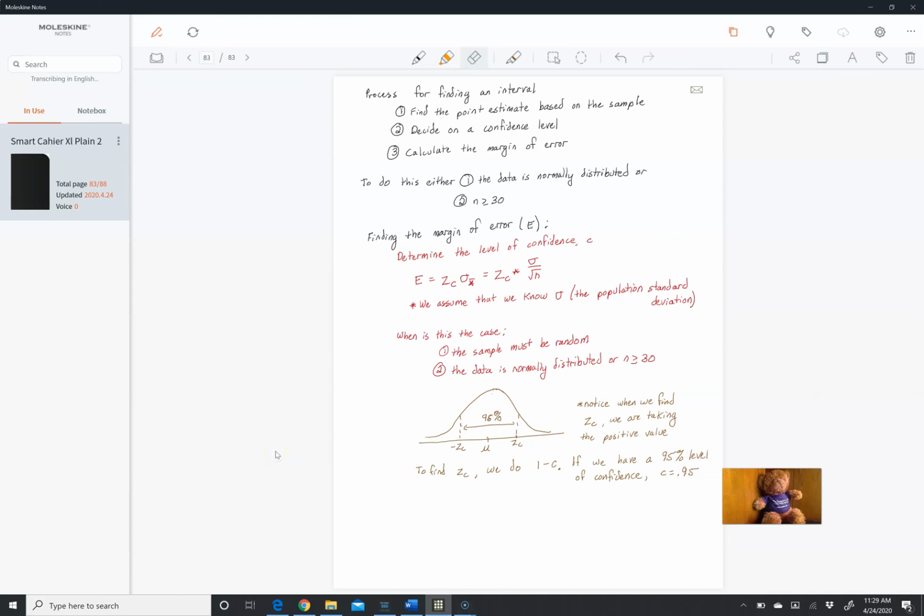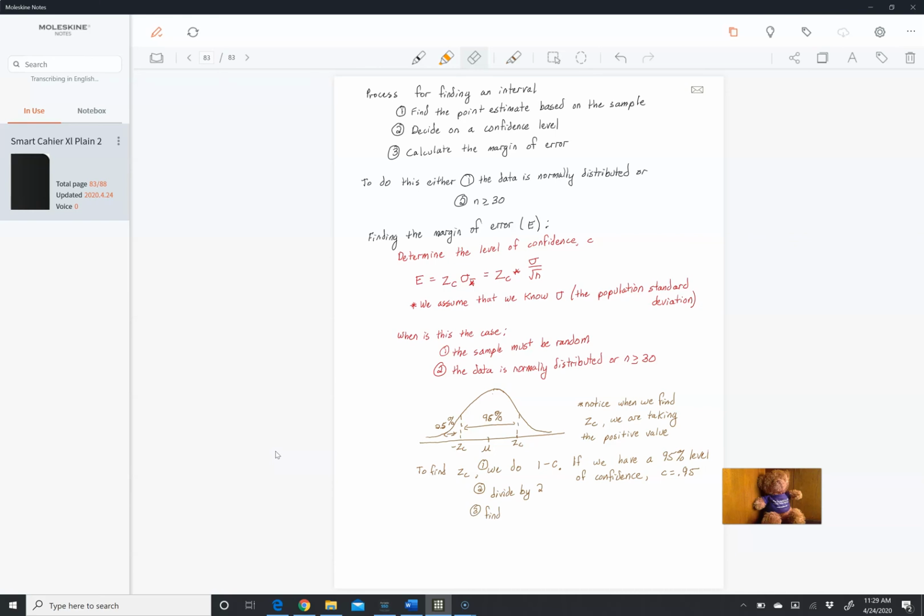So to find Z sub C, we first do 1 minus C. Then we take that and divide by 2, because this means that we have 5% on the outside. So this is 2.5%, or 0.025.